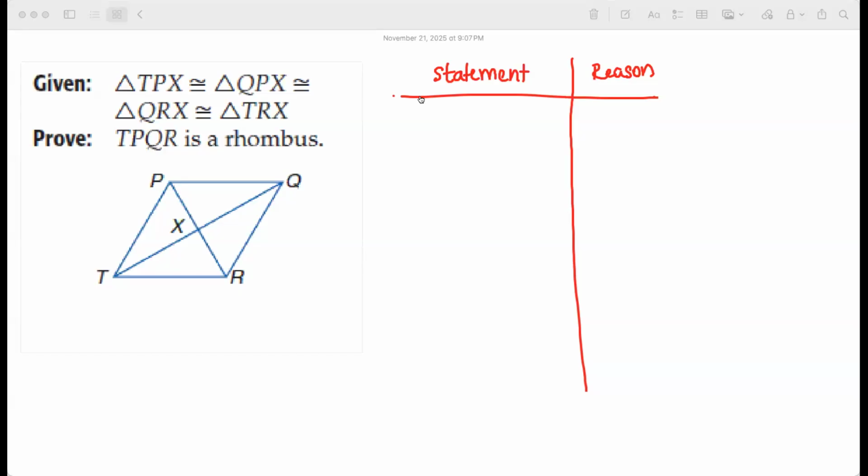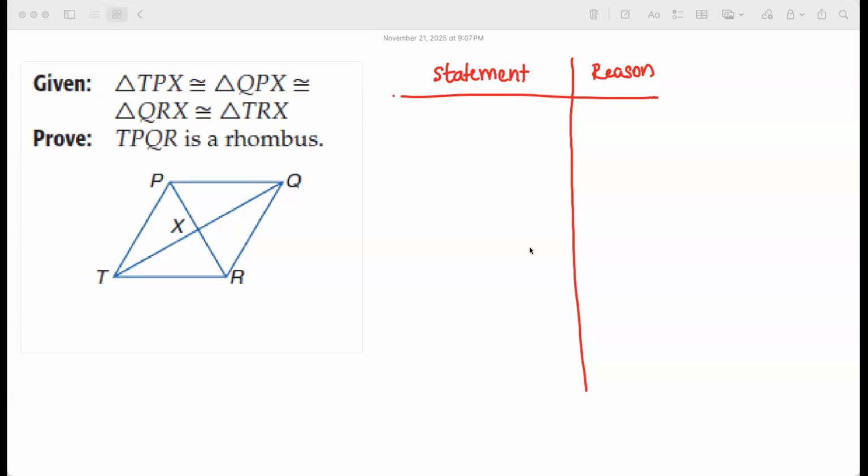Okay. Friday. I'm going to work on the proof with you. Give me 1 minute. There are a couple, but you need to do the missing parts.